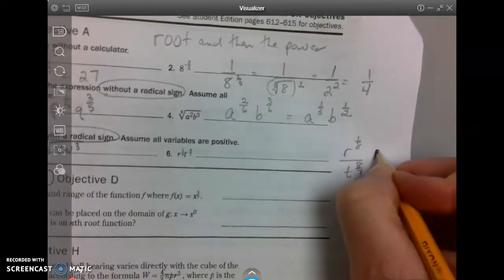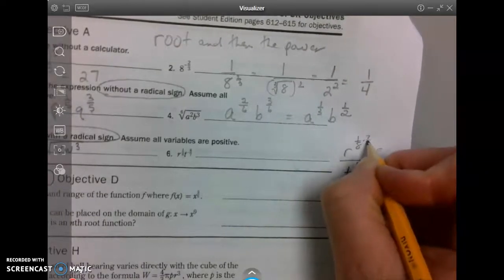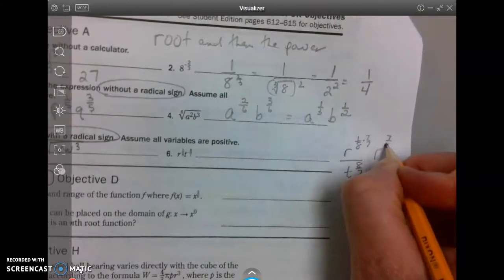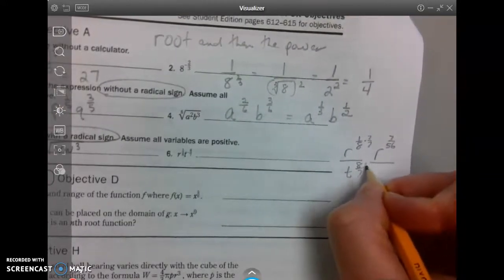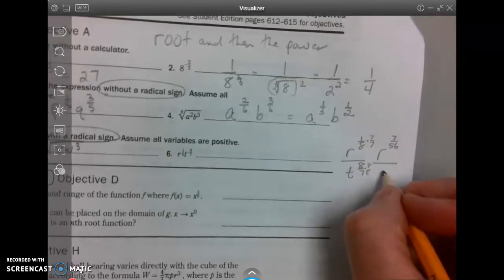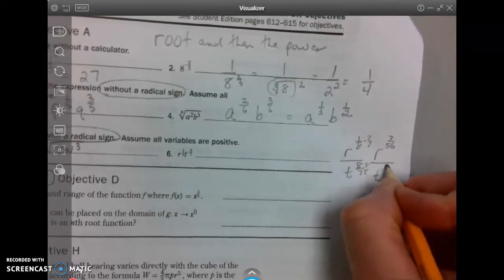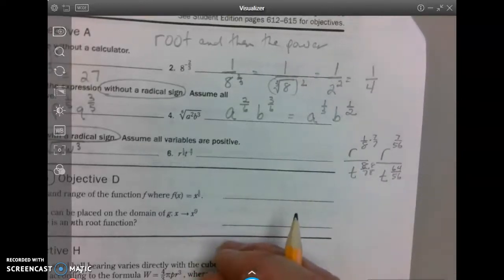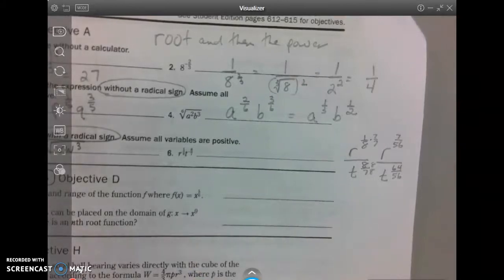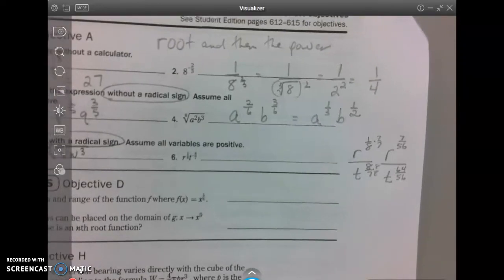So that could be r. I'd multiply by 7 over 7 and get 7/56. And then on the bottom, I'd multiply by 8 over 8, and I'd get t to the 64/56. Okay. And then I'm going to write this using, actually, I think I took this one out on your paper.